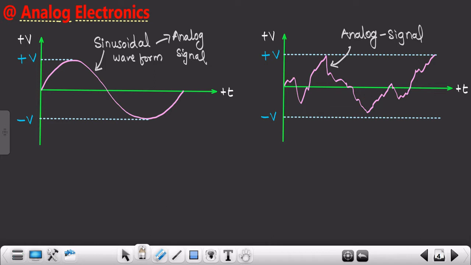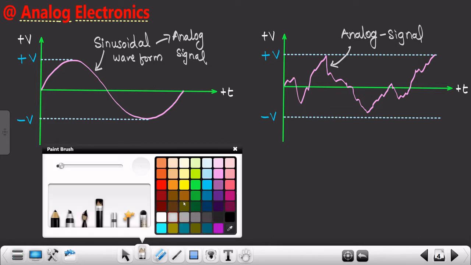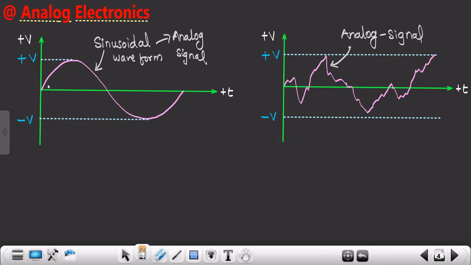And the important thing what we can see over here is this. Just a second, let me decrease the thickness of my pen. Alright, let's suppose at t equals 0.1 second, the voltage of this particular waveform is 0.1 volts. Now let's suppose I'm moving to t equals 0.2 seconds, so at t equals 0.2 seconds, the voltage is 0.2 volts.